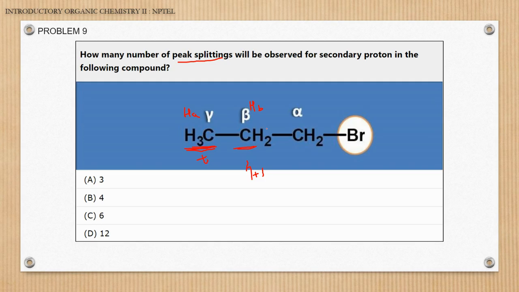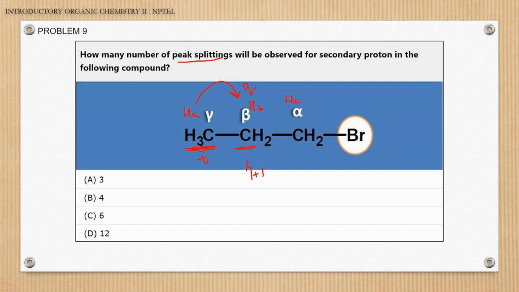Now coming to HB, how many split peaks will it give? Six. Okay. Here the scenario is that it will get split because of this HA as well as the HC proton. If HA splits it, then how many peaks are there? A quartet you will see, right?